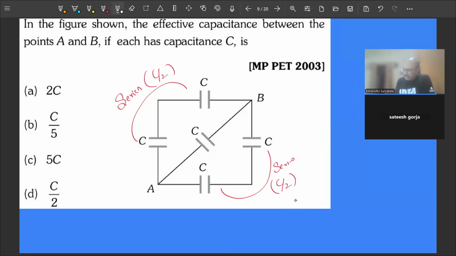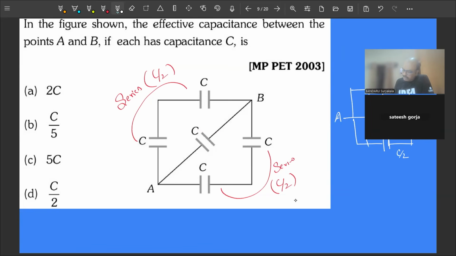Now we can write the equivalent diagram. This is point A. We have one capacitor. This is B. Its value is C. So here we have one capacitor. This value is C by 2. Here we have one capacitor. This value is C by 2.